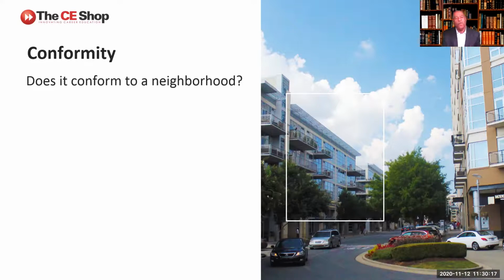It does not conform. And that could be vice versa. You could have a 2-bedroom ranch in a community of 3 to 4-bedroom, 2-story homes. The ranch does not conform to that neighborhood, and thus more than likely its value is going to be negatively impacted.